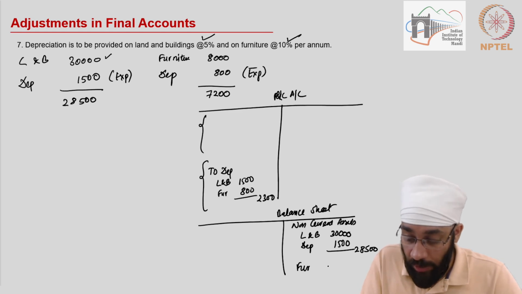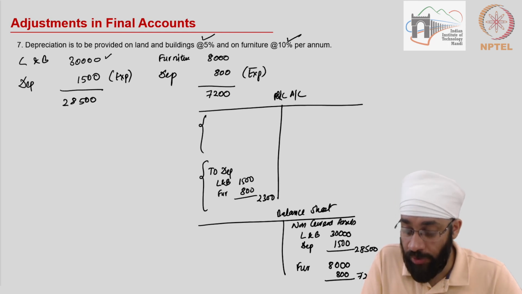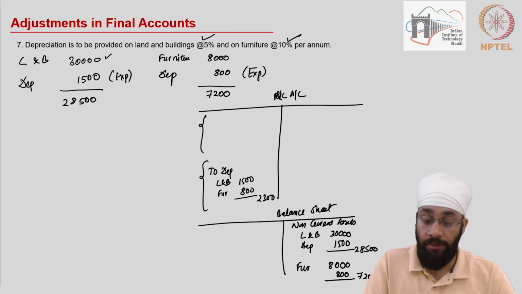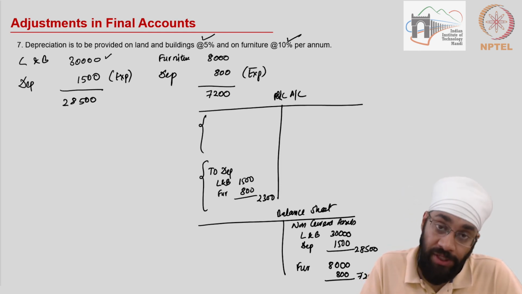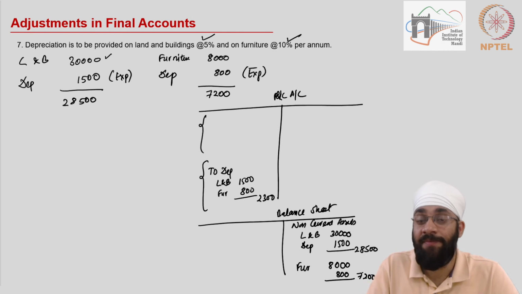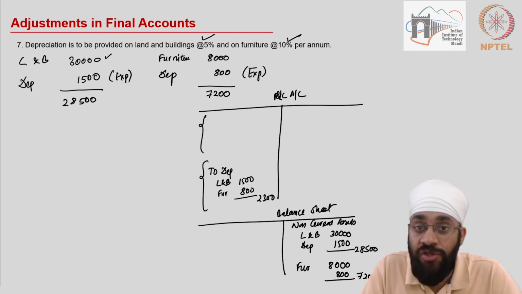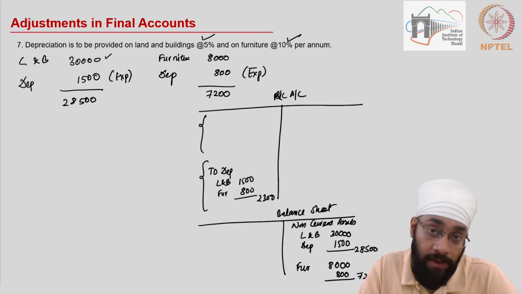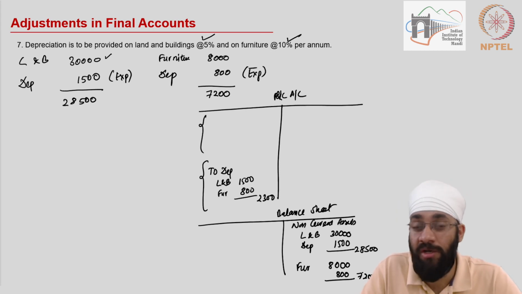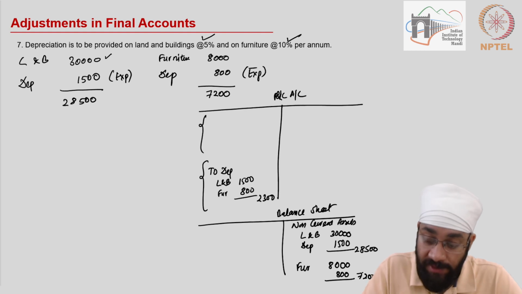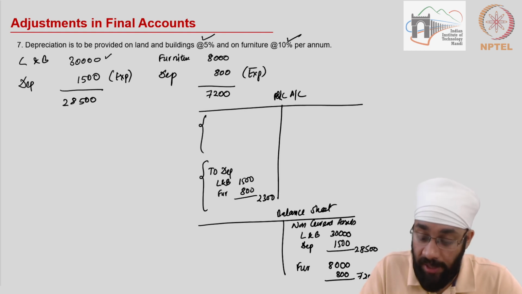Same for furniture, you show 8,000 minus 800, so the net amount that you show is going to be 7,200 in the books of accounts. So in the balance sheet, you show the final numbers, and there is an attached annexure to it, or a note, which we have seen in the earlier videos. There you have the depreciation to be charged on all the various types of assets. So at one place all the details are provided.